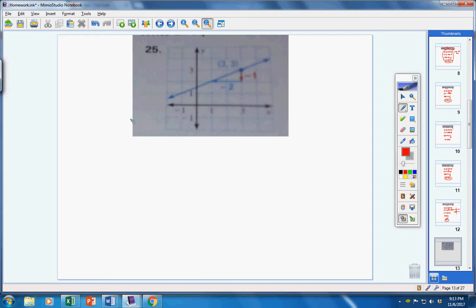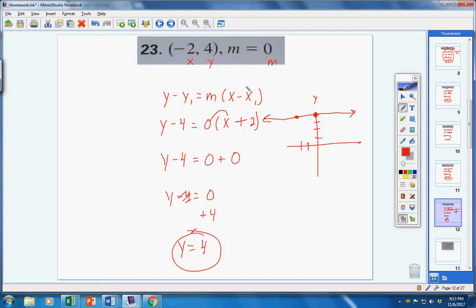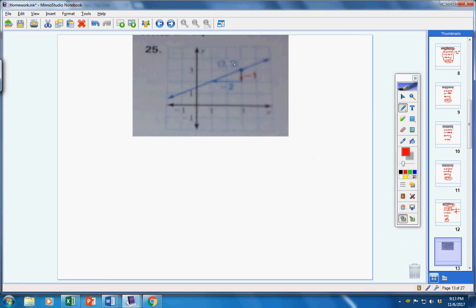Okay, now, students, they haven't given us a point and a slope in this form here. Now they're giving us a graph. So, do we have a point? Yes. There's my point, 3, 3. The line passes through 3, 3. Here's the slope. From left to right, it's going upward. Okay? So it's a positive slope.